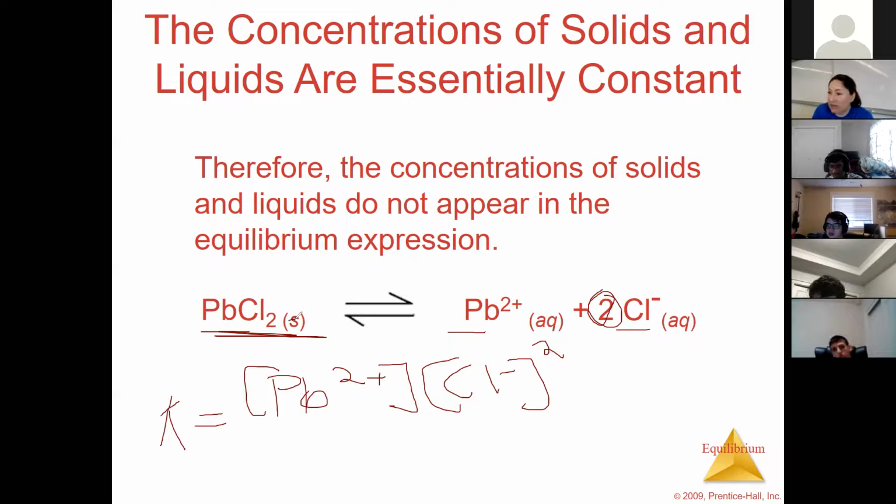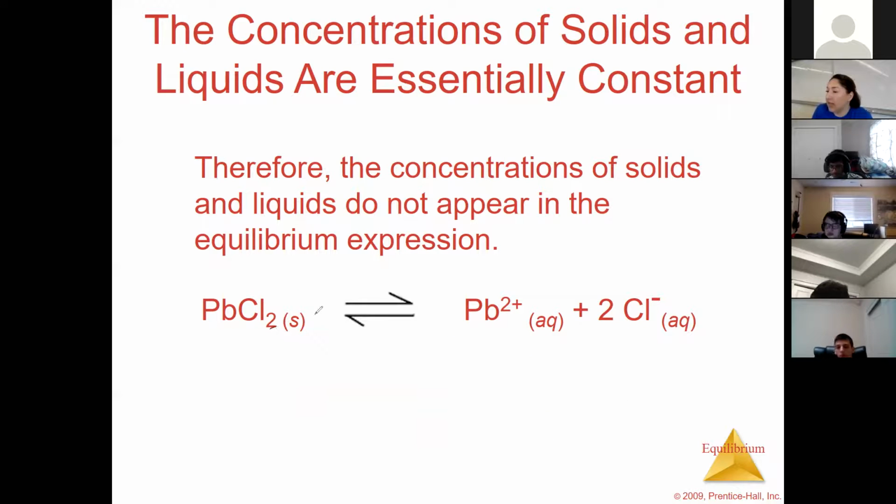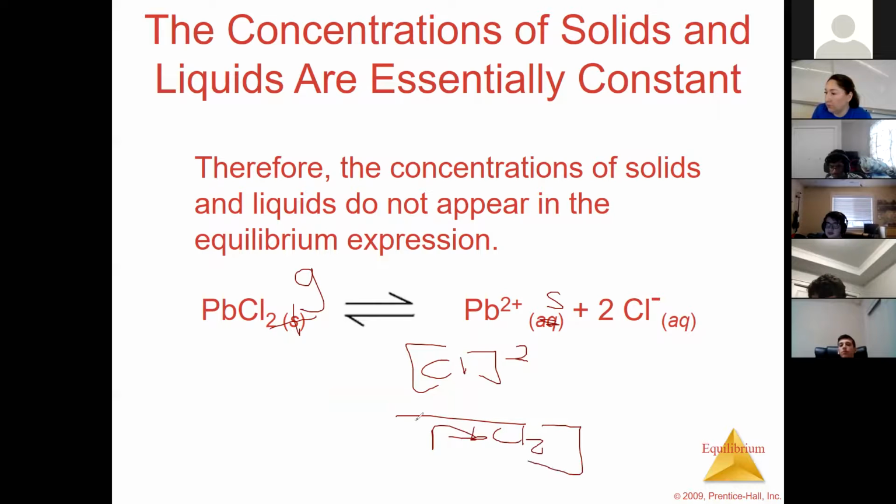If this was a gas, then it would be over PbCl2 gas, or if it was aqueous. Let's say this was gas and this was a solid, then it would be Cl squared over PbCl2.